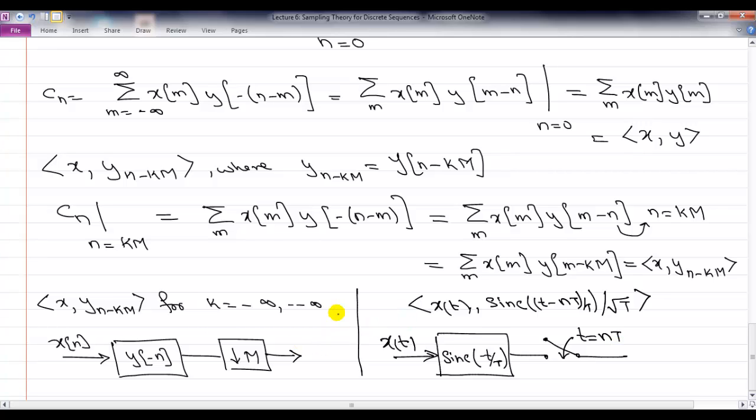There is a complete parallel between the two worlds. If you want to compute all possible inner products, all you have to do is filter and then take samples.